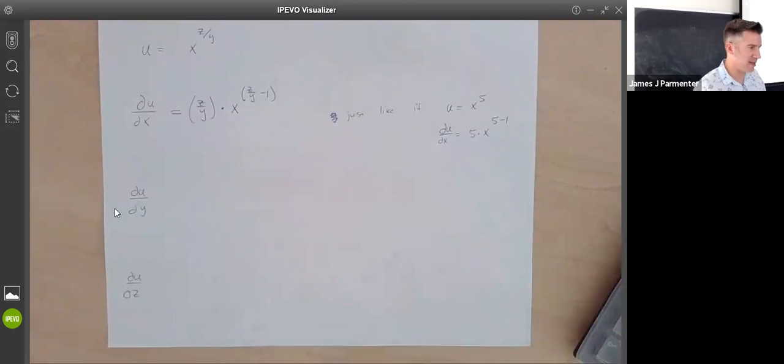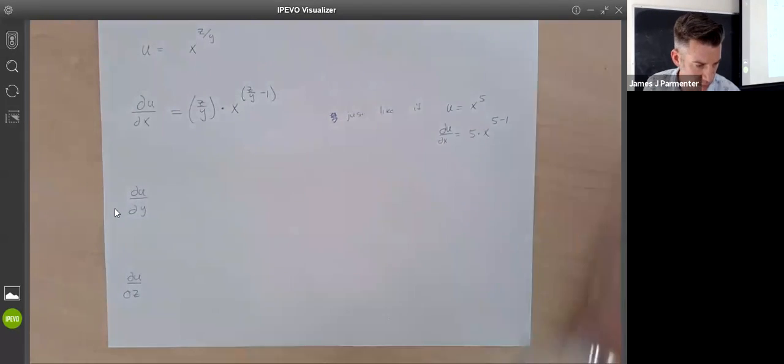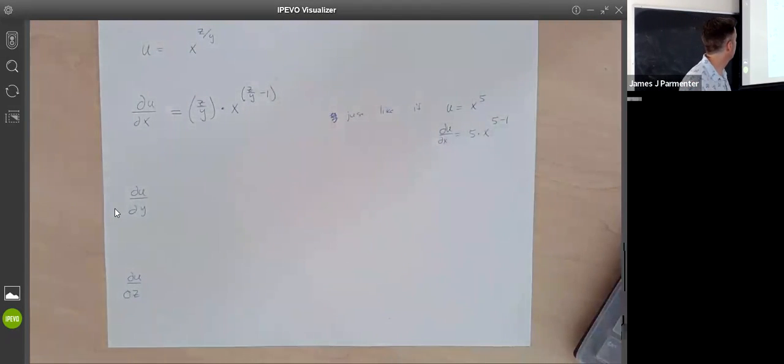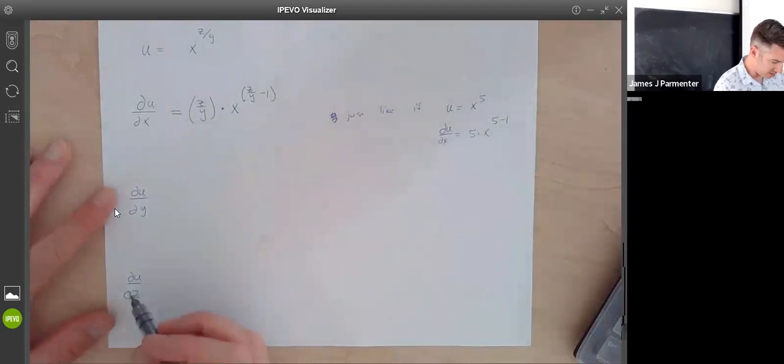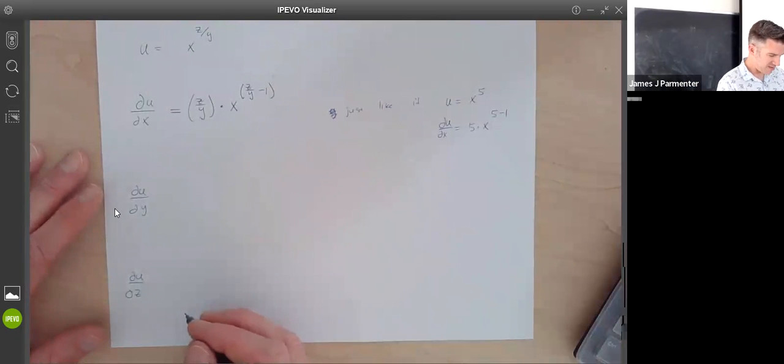But again, we have to get ourselves in this mode of thinking that everything else that's not the variable of interest is acting like a constant. Let's look at del u del z next. I think that one's going to be a little easier to deal with.